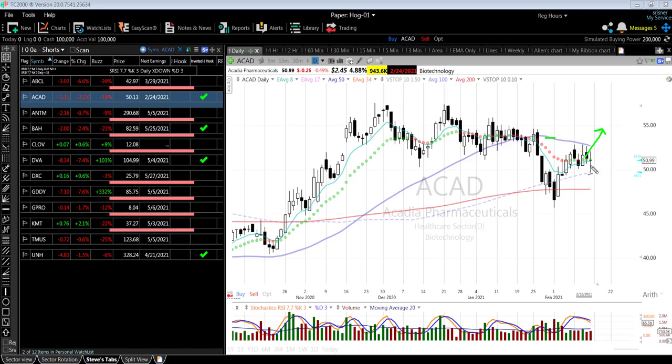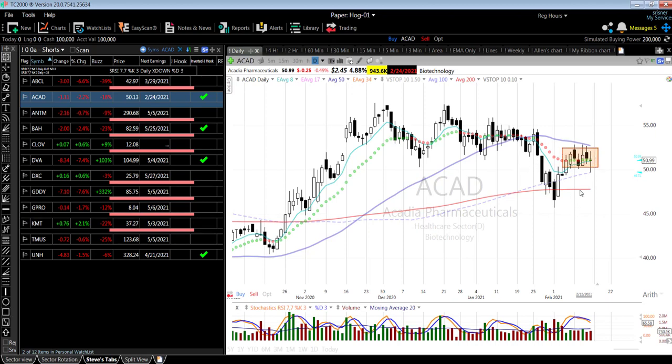What I want to do is be looking to the short side, anything say below 50, and a move to about 48 or so. Now, the stochastics RSI is not screaming out to me that we're going to dive to the short side on this one, but it's something to watch because we are in basically a consolidation box.